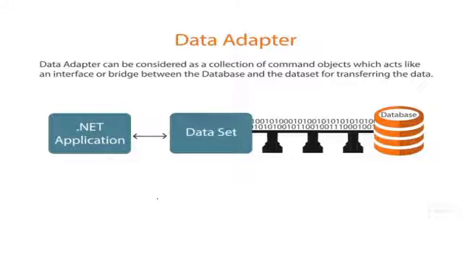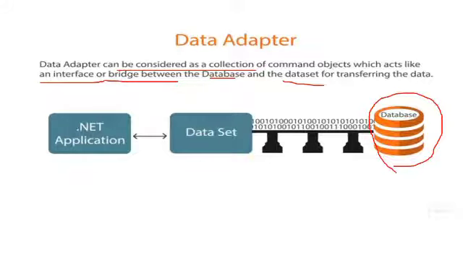What is the role of the data adapter? It can be considered a collection of command objects which acts as an interface or bridge between the database and the dataset. If there is a database like this, and this is the .NET application, the data adapter is a bridge.